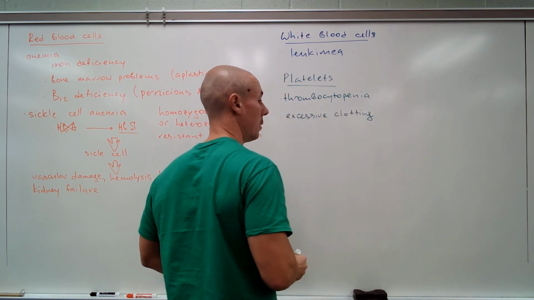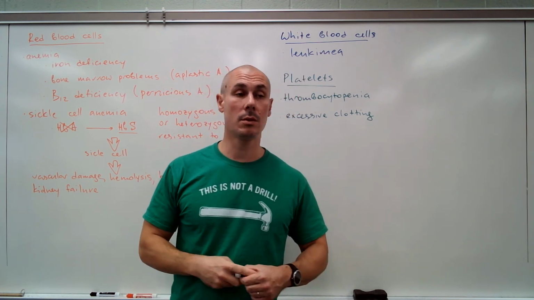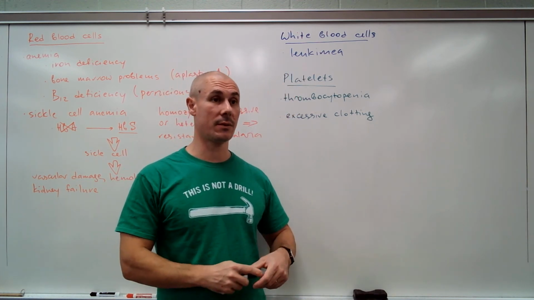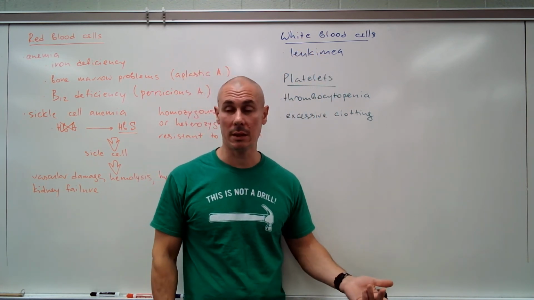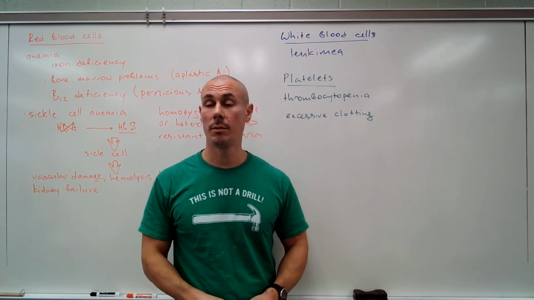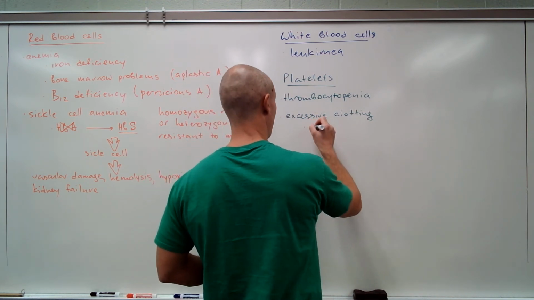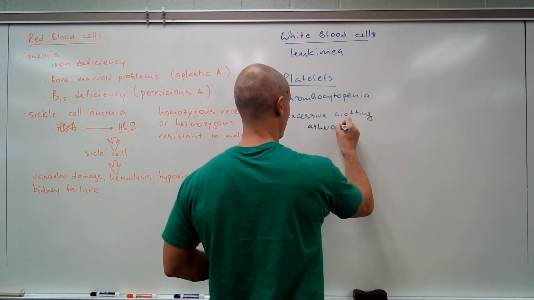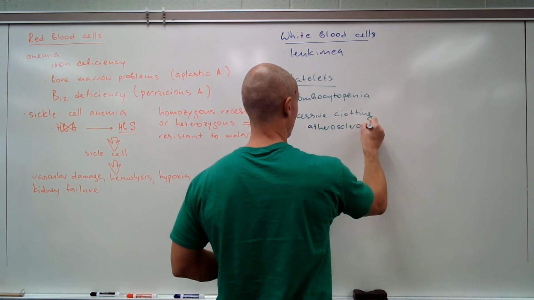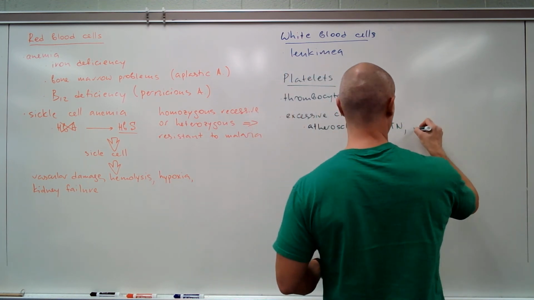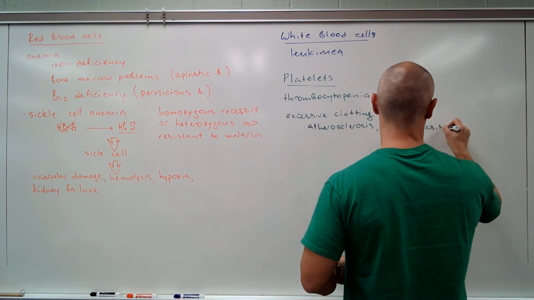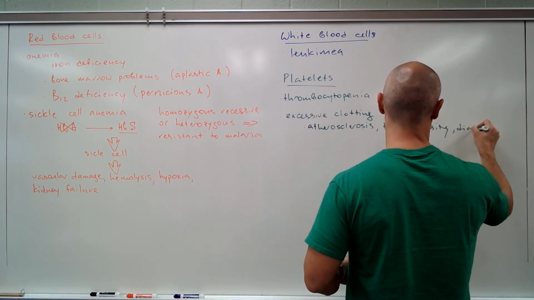Okay, and the risk factor for excessive clotting is platelet activation, and we talked about platelet activation before. So main risk factors include things like atherosclerosis, hypertension, obesity, diabetes.